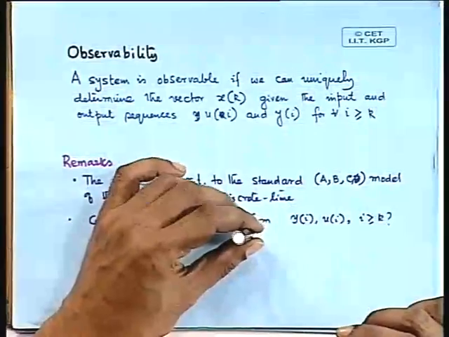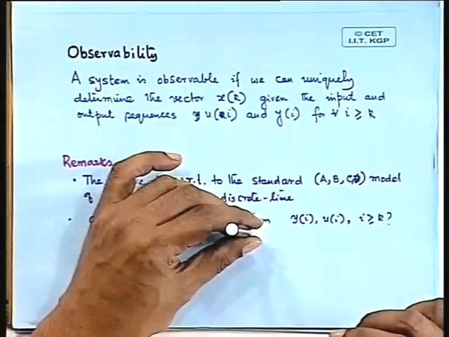That is, suppose the system started from k. Now, if you are given all the future inputs and outputs, using them can you compute what was x_k? It is a kind of an initial state problem, right. So, if that is possible, then the system is said to be observable, whether you can solve out the state from which it started.